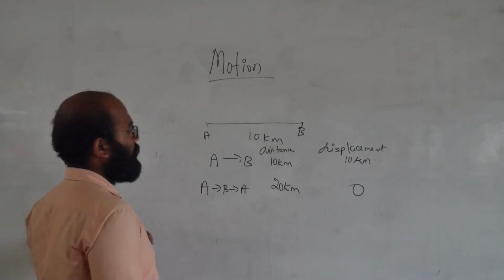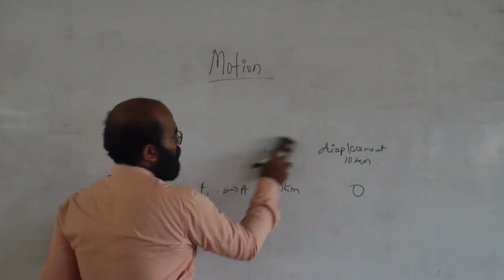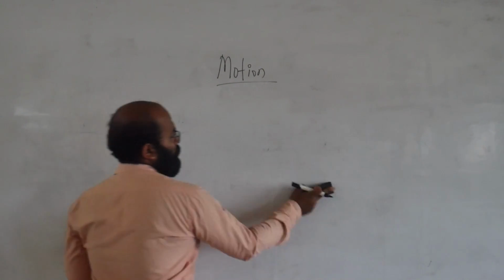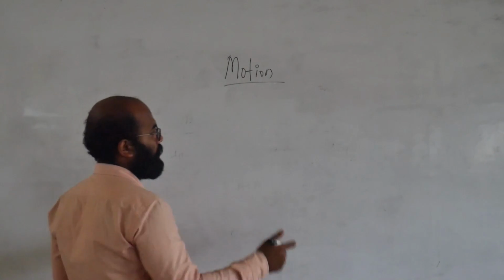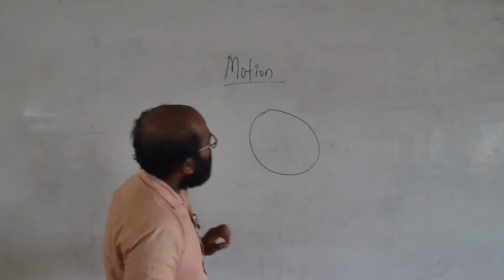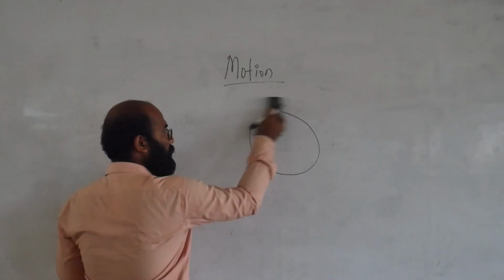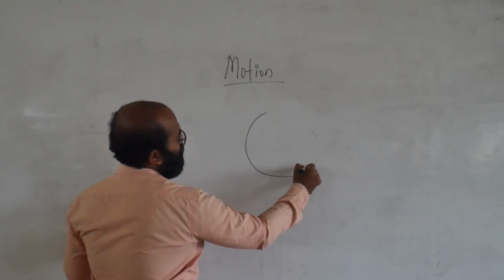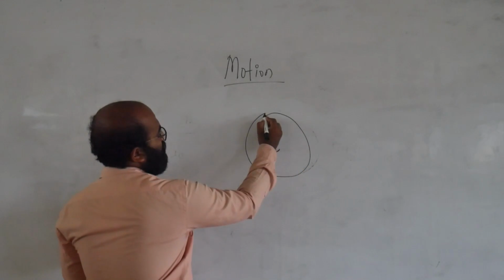So, like this, when I consider a circular track, this does not look exactly like a circle. Okay.